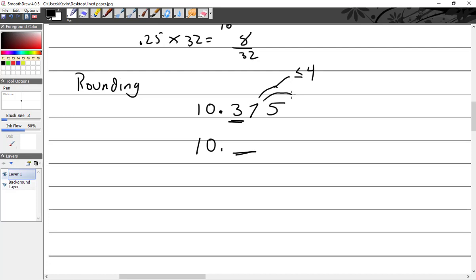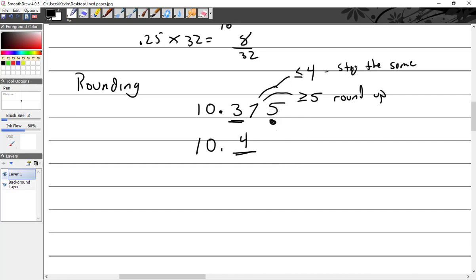If this number is equal to or greater than 5, round up. Round down really just means it stays the same. So because that is a 7, 7 is more than 5, that becomes 10.4. What about the 5 out here?